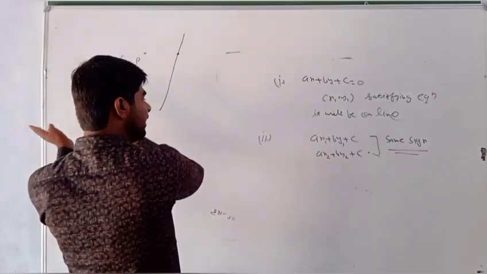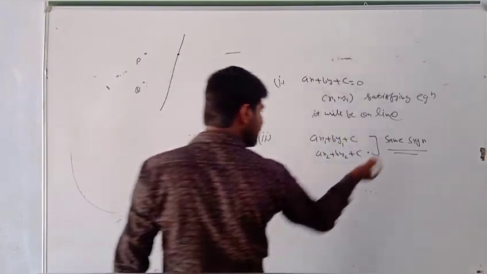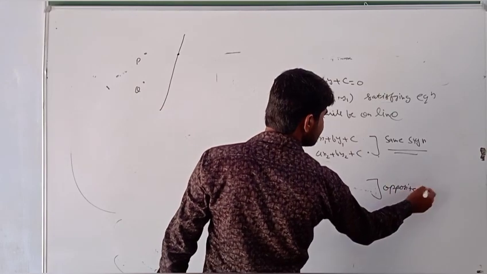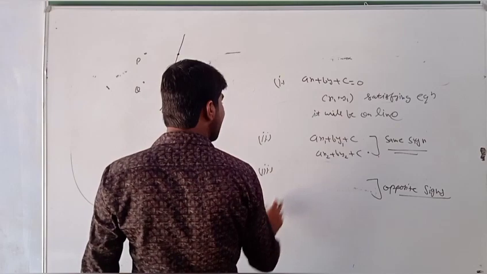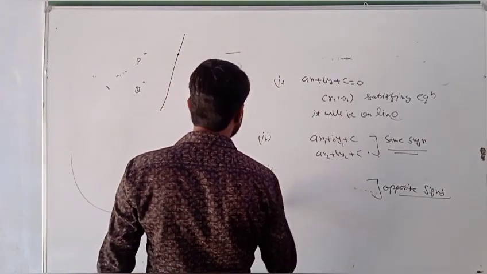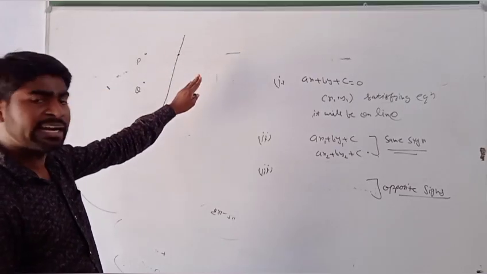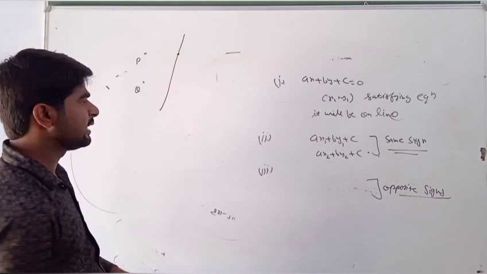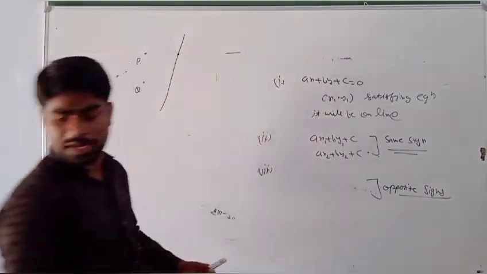Means it can be on the left or it can be on the right. And third, if they have opposite signs, then they are on opposite sides of each other. Means if P is on the left side, Q will be on the right side. If Q is on the left side, P will be on the right side. So this is the position of a point with respect to a line.